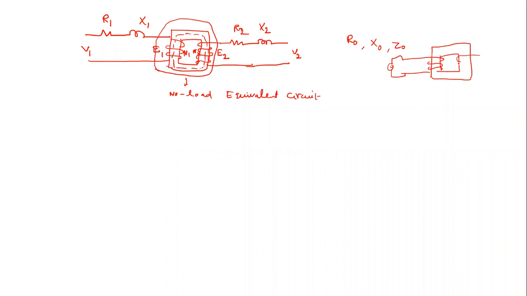Yes, an EMF gets induced. When it is not loaded, the secondary flux would not exist. And also, when it is not loaded, the primary leakage flux is very, very small.